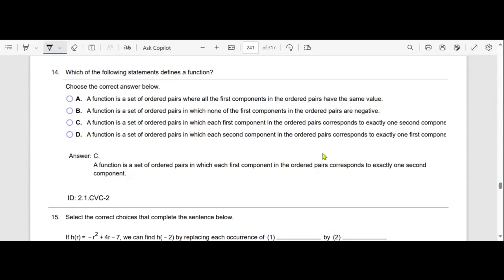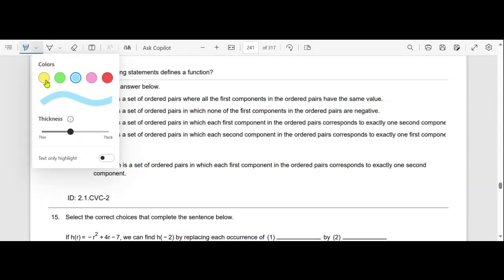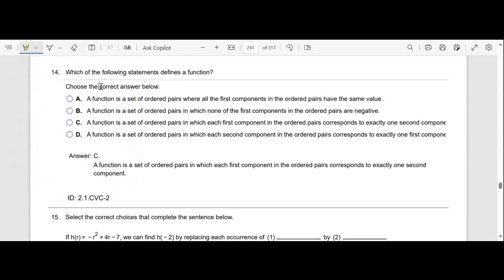C. A function is a set of ordered pairs in which each first component and the other pairs corresponds to exactly 1 second component. Okay, he's asking about function. Do you remember function when you talked about function a long time ago? It has to be one-to-one, right? So which one is the correct one?